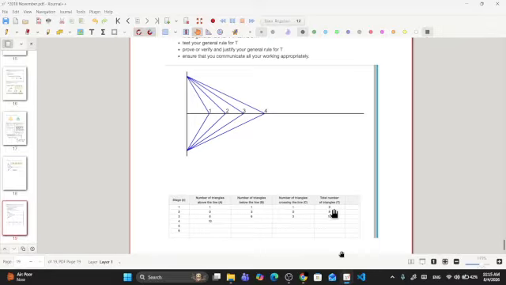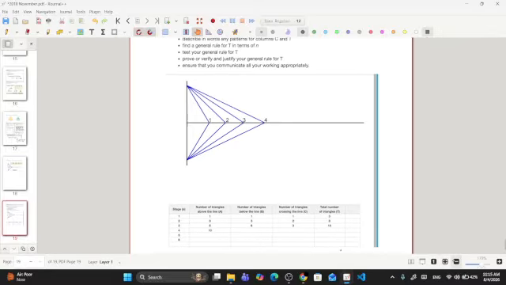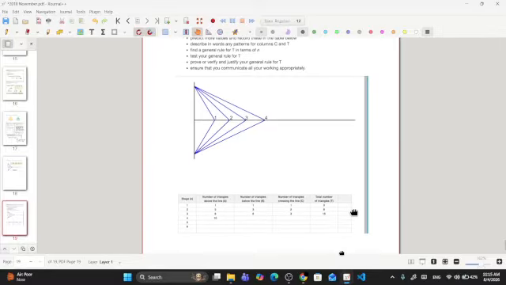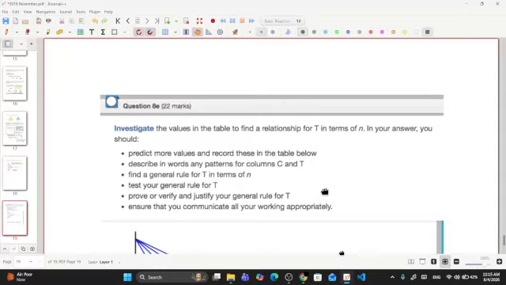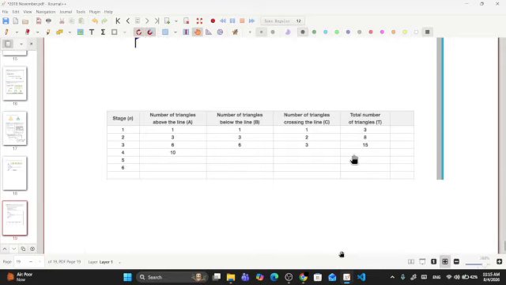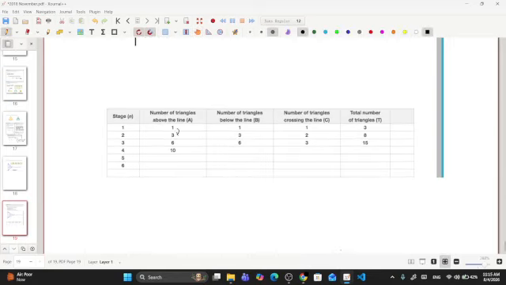Okay, let's do the prediction part first. So when there was the first stage, there was one triangle above. Then stage 2, there were 3 triangles. Then stage 3, there were 6 triangles. So the pattern is evident in front of us: plus 2, plus 3, plus 4, plus 5, plus 6, and so on.